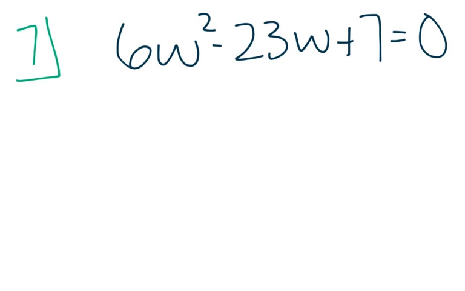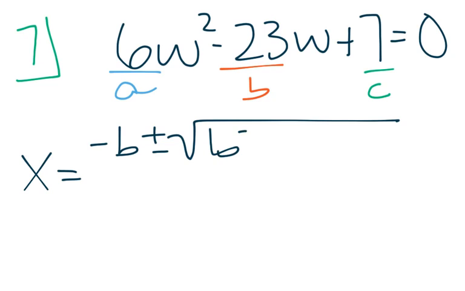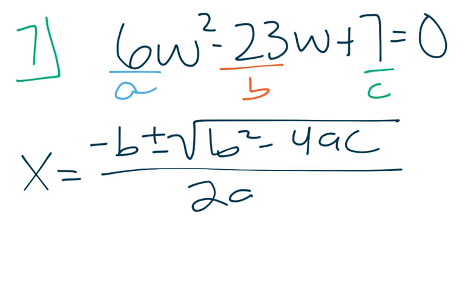Okay, next one. We have a is 6, b is negative 23, and c is 7. Guess what? We're going to sing the song again. x equals opposite b plus or minus the square root of b squared minus 4ac all over 2a. Now we are going to replace all of these again.